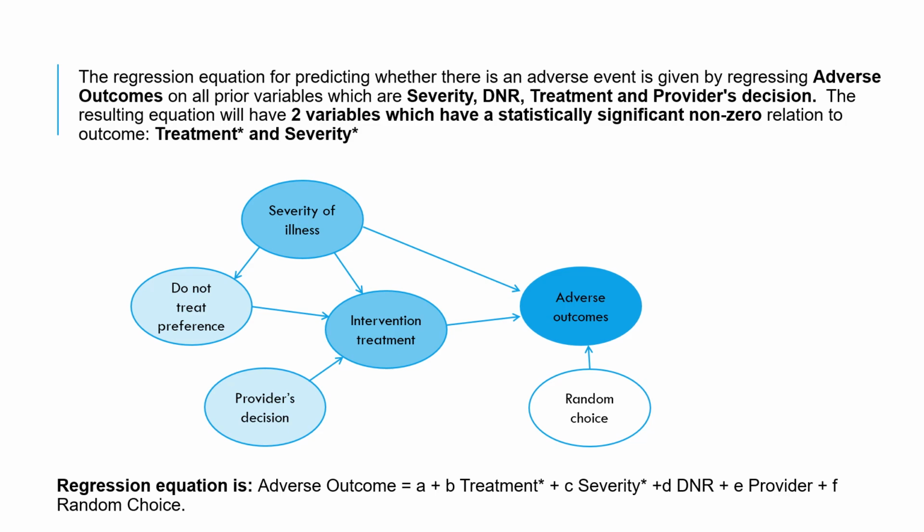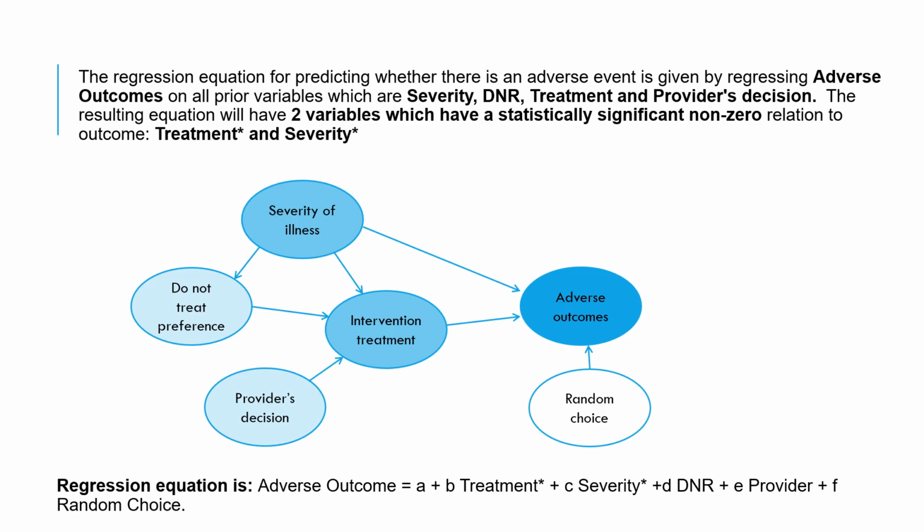So the regression equation for adverse outcomes needs to include severity, DNR for do not treat, treatment, and provider's decision. The resulting regression will also have random choice at the end. The resulting equation will have two variables which are significant and direct causes of adverse outcomes, and those two variables or nodes are treatment and severity.